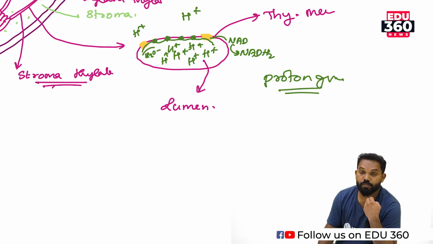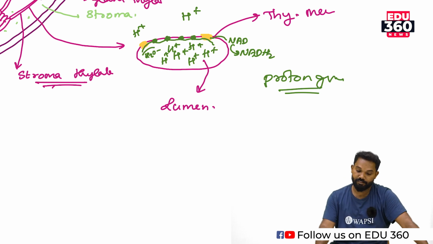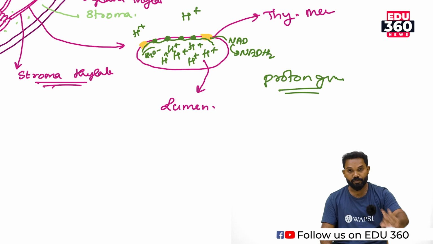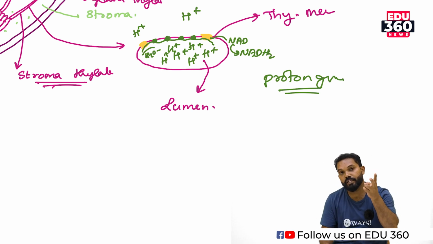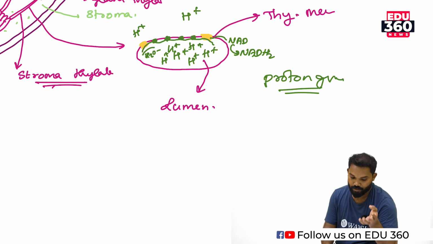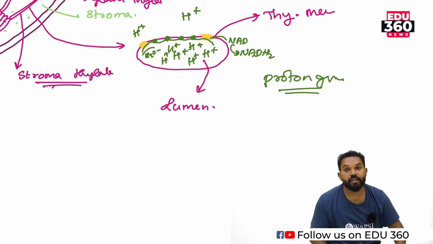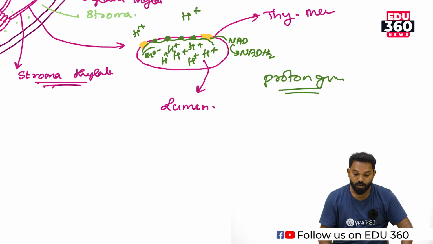Actually, the chemiosmotic hypothesis explains how this proton gradient takes place. There are three conditions. First is the splitting of water. Second is the conversion of NAD, which is reduced to NADH2. And the last is an electron carrier which acts not only as an electron carrier but also as a proton carrier.